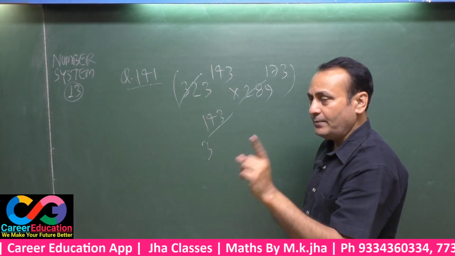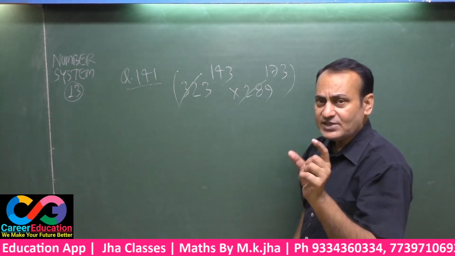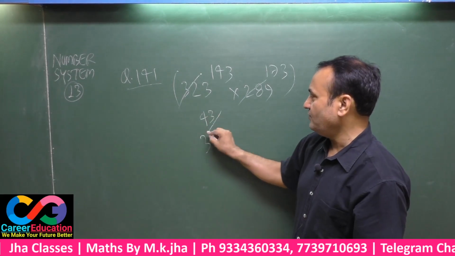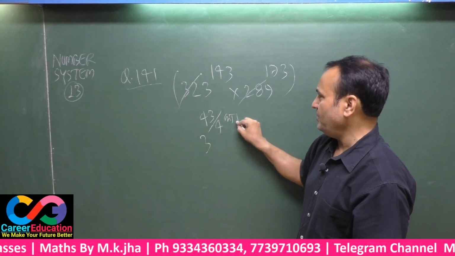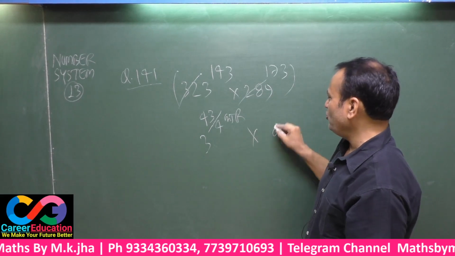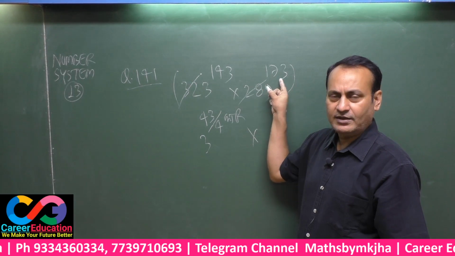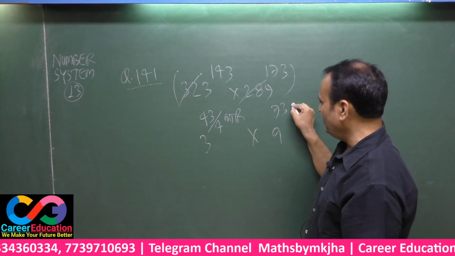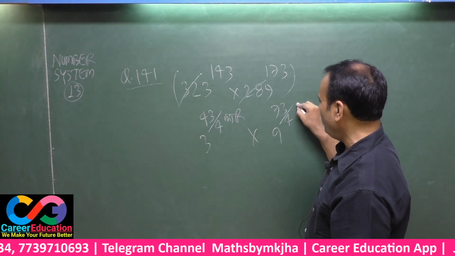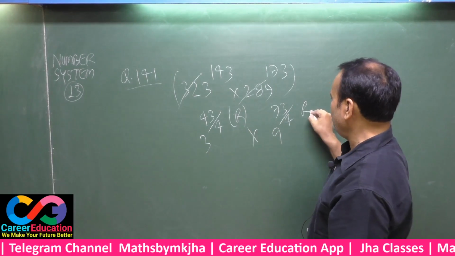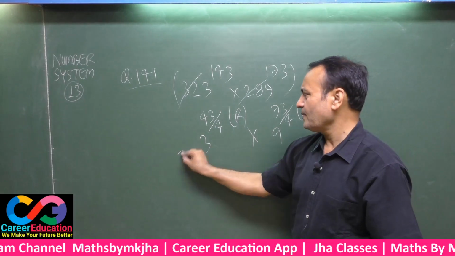That means you have to divide the last two-digit number of the power by 4 and get the remainder. Again, you have to divide the last two digits of the power from rightward, unit and 10, by 4 and get the remainder.